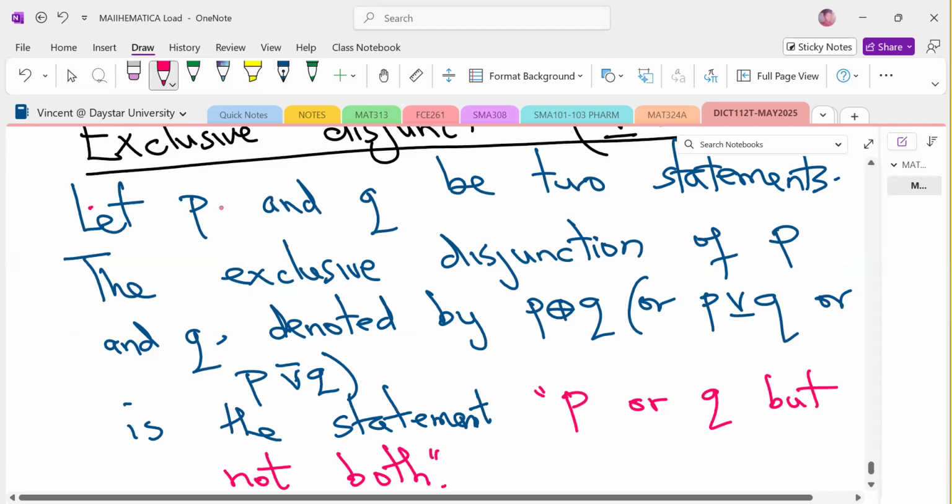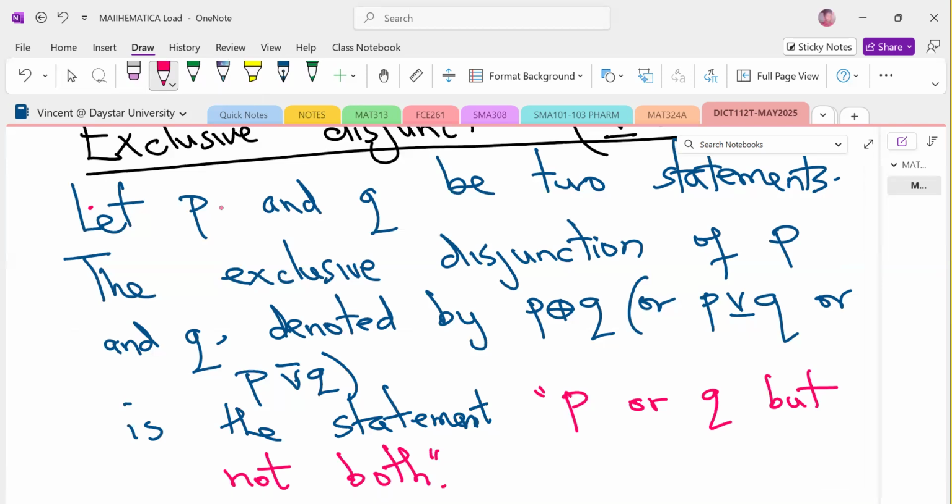So the exclusive disjunction of P and Q is the statement P or Q but not both.